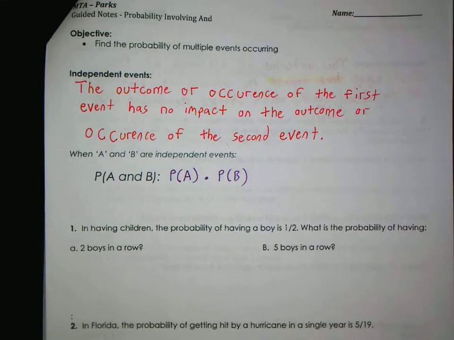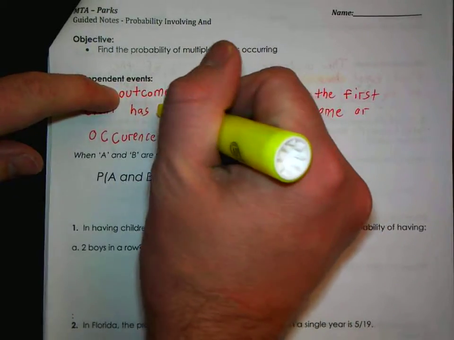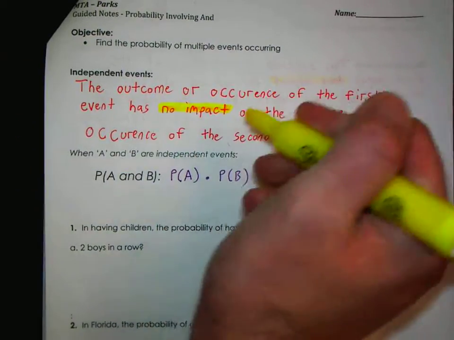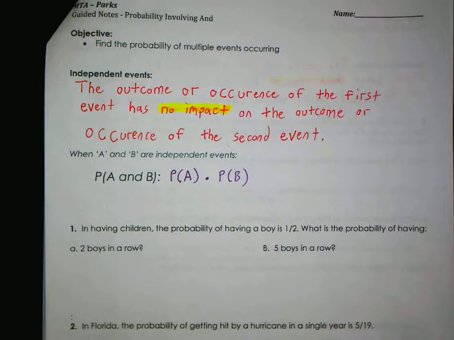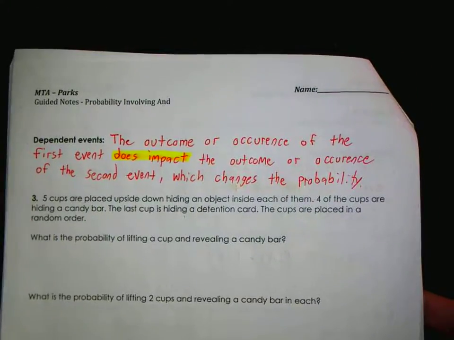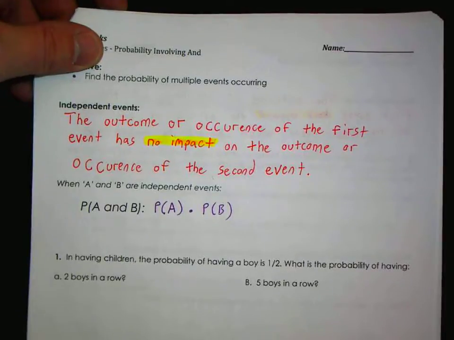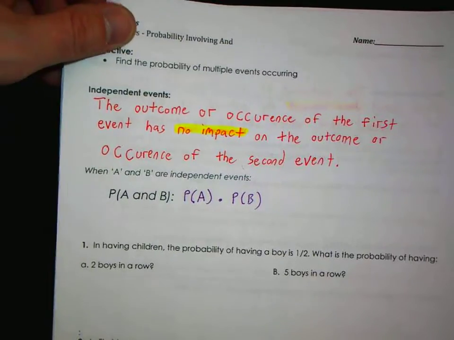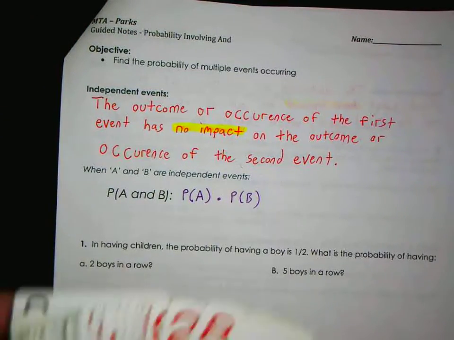So independent just means the outcome of the first event has no impact on the second event. And then we have dependent, where there is an impact.